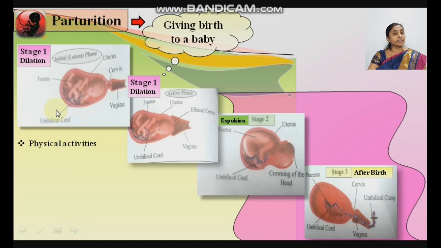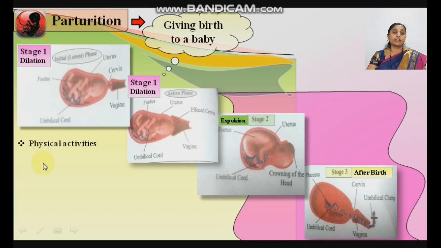During parturition, physical activity takes place. What are these activities? All three stages are concerned with some physical activities. Without these activities these stages cannot occur. That is contraction of the uterus, stronger and stronger contraction of the uterus. Without contraction the baby cannot be pushed from the uterus to the cervix, and from the cervix to the vagina.